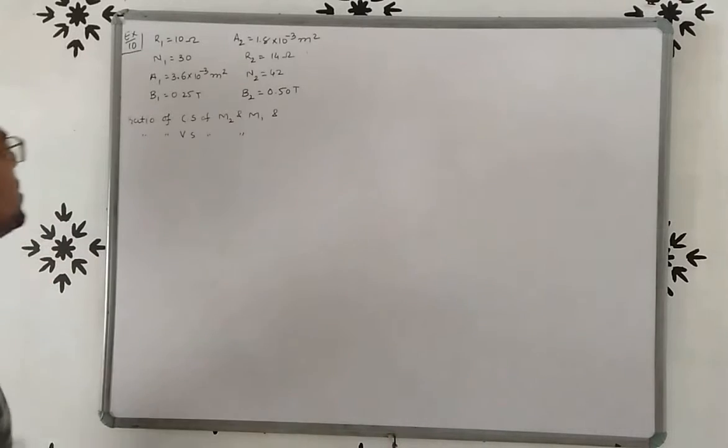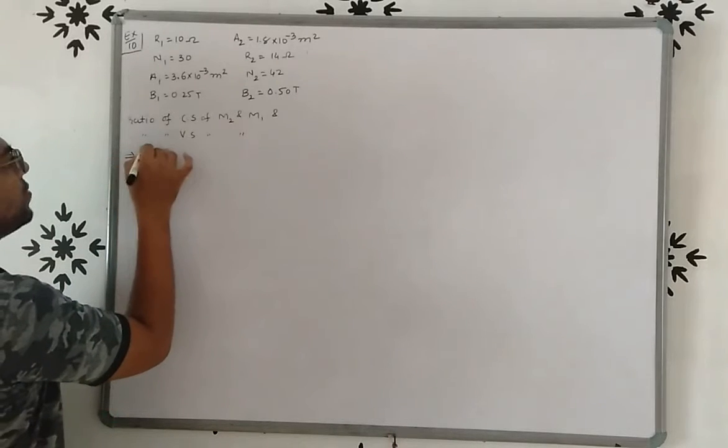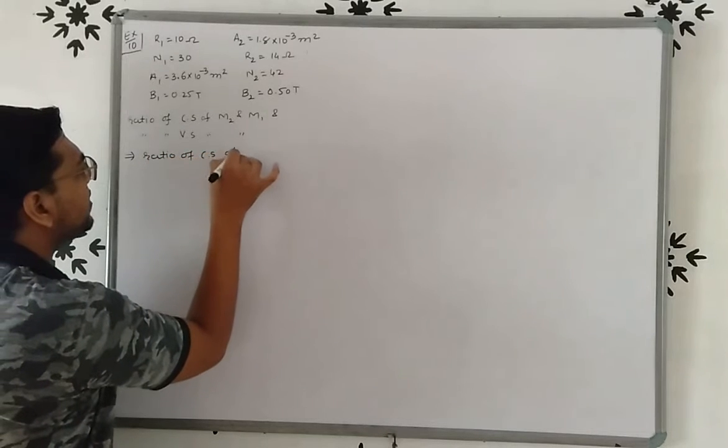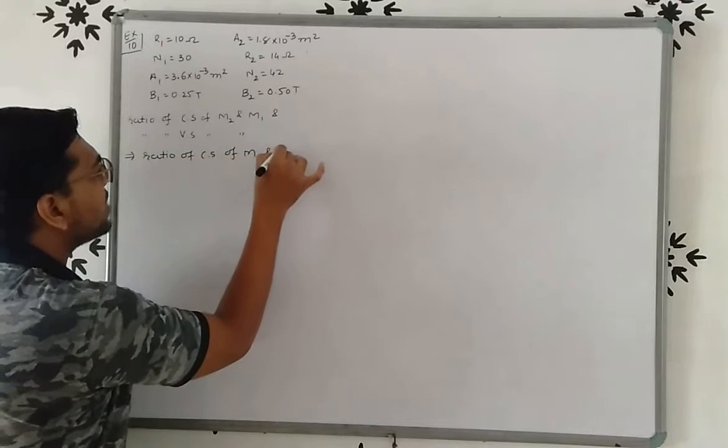First of all, we find the ratio of current sensitivity of M2 and M1.